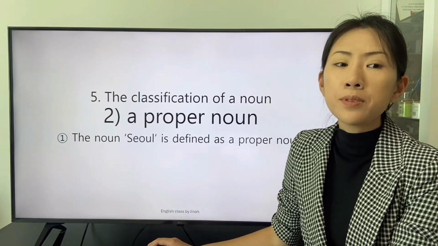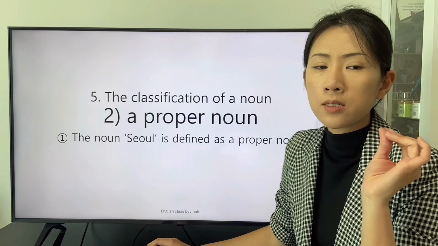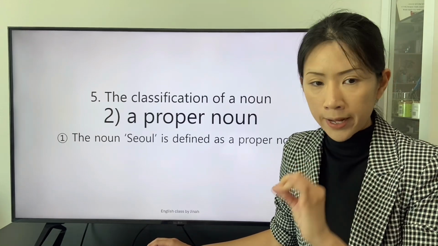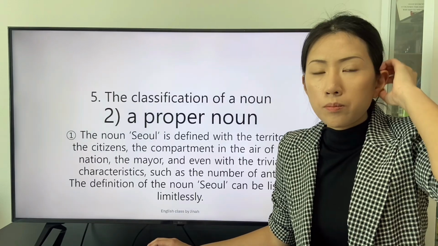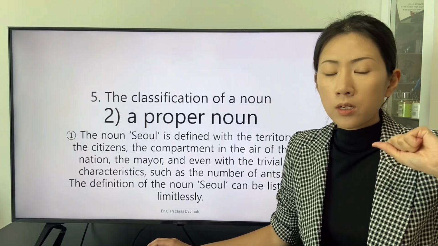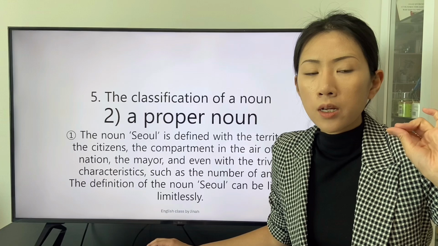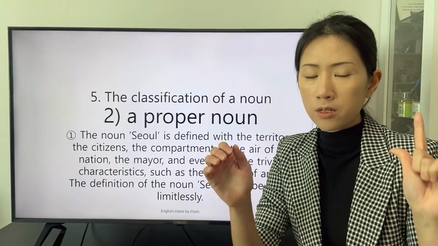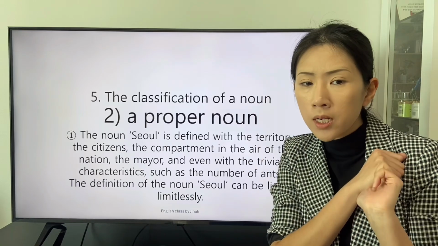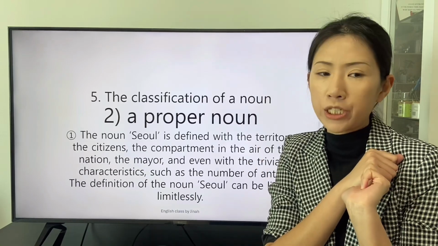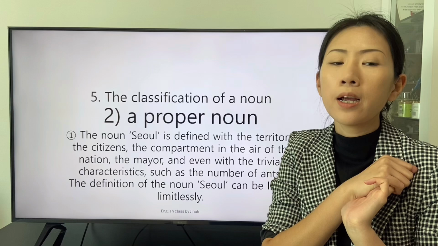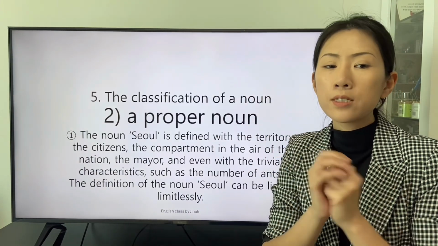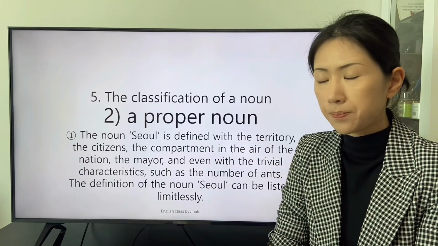The first example of a proper noun is the noun Seoul. The noun Seoul is defined as a proper noun because of two reasons. The first reason is that the noun Seoul is defined with the territory, the citizens, the compartment in the air of the nation, the mayor, and even with trivial characteristics such as the number of ants.